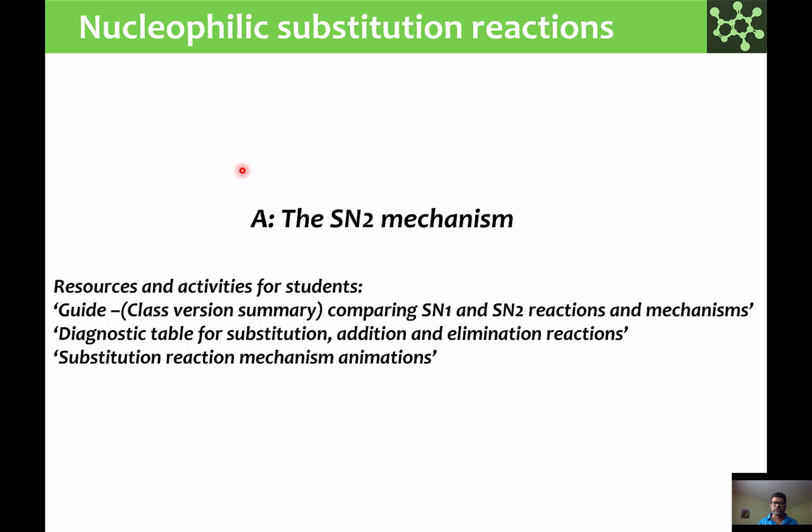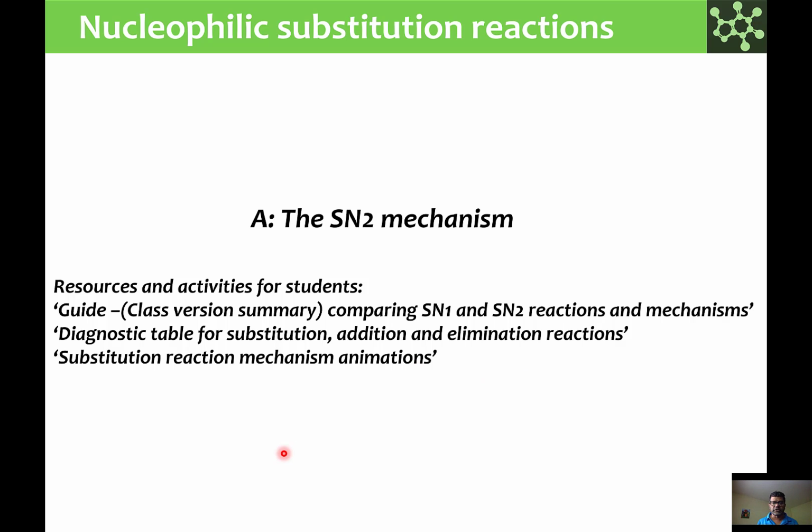We will be doing clicker questions, and also MCQ, structured essays and essay questions, right? We're going to make a table on how to differentiate between SN1 and SN2, and further we can elaborate into eliminations as well, additions and eliminations.